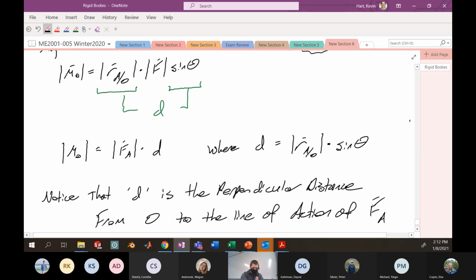So what that means is, if you happen to know the perpendicular distance between the line of action of the force and where you're taking your moment, then you can simply calculate the magnitude of the moment as that perpendicular distance multiplied by the magnitude of the force.